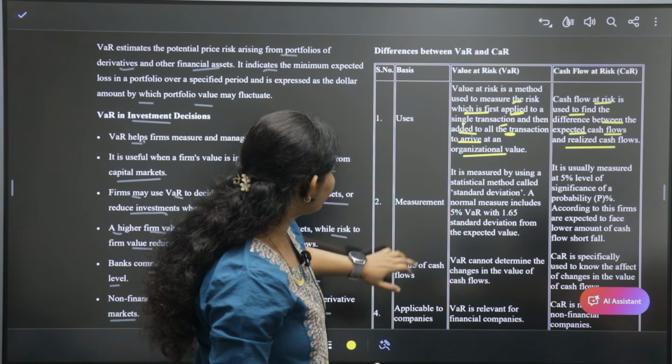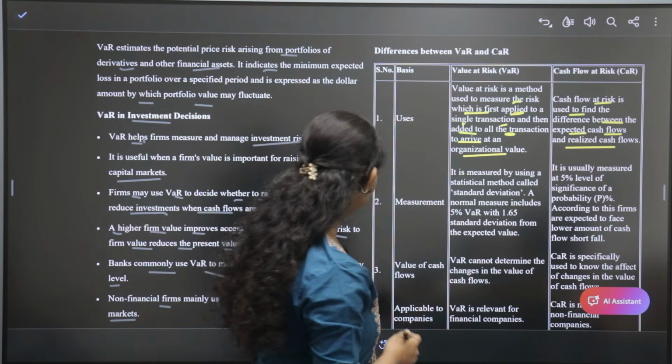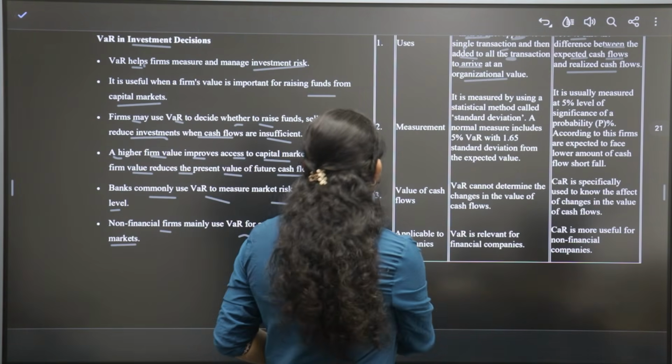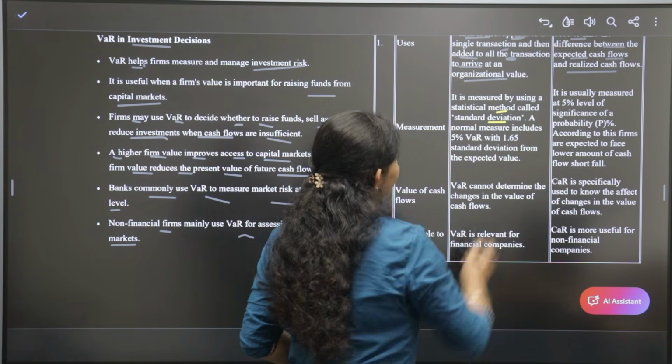Next, measurement. How can it be measured? It is measured using a statistical method, standard deviation.